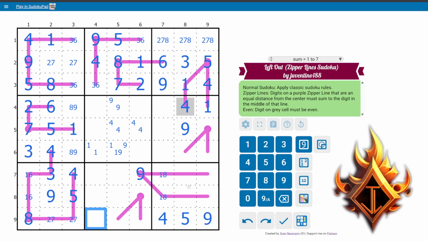4, 5, 9 is going to give me 1, 3, 6. Seven, 2 to 6, 3. So 3 is there, 6 is there. These will be 2, 7, looking up at 8.